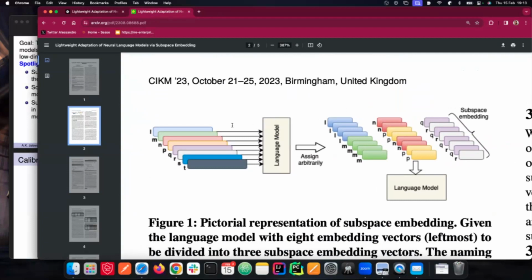On the left-hand side is the original language model, and the different colors, LMNPQ, are symbols I used for those. Let's say you're feeding in some words or sentences; it can be words or longer sentences. This language model here is your original language model. What we do is split each token's embedding after you input it to the original model, and this is the partition symbol.